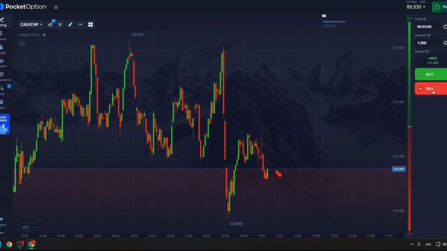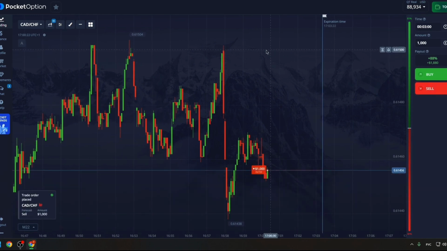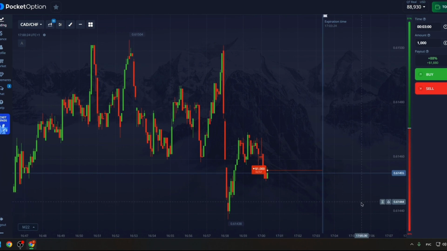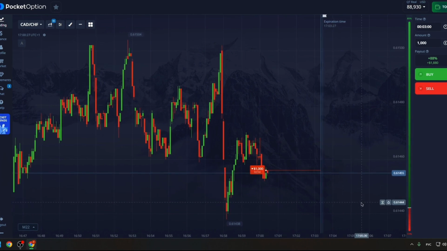The reaction to the level has already started and the movement has begun, so I didn't manage to open a position at the most favorable, higher point.